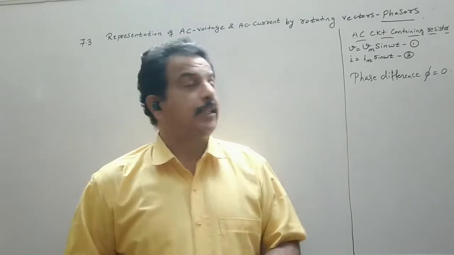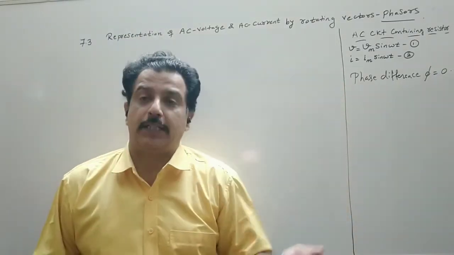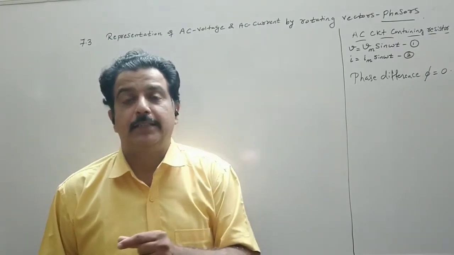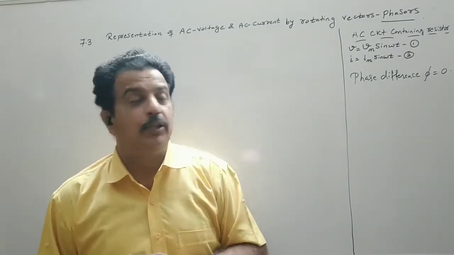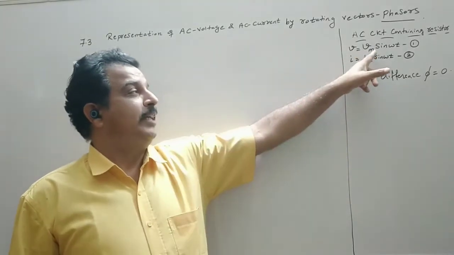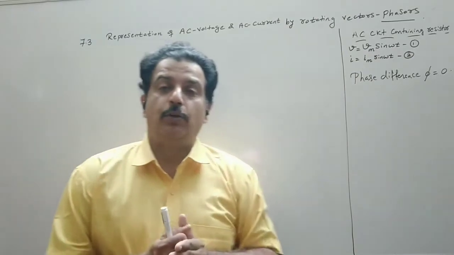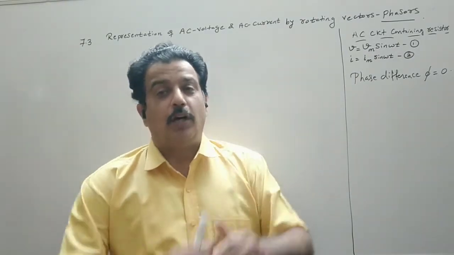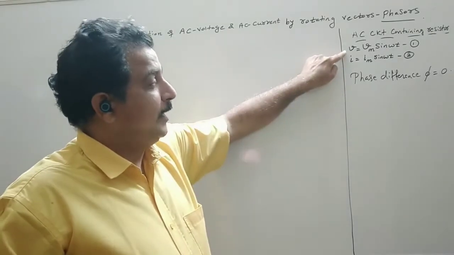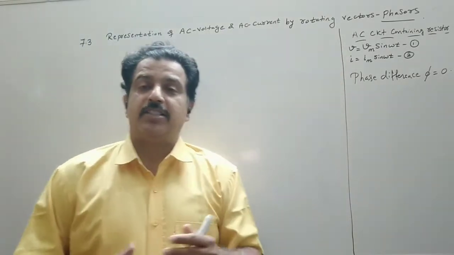So phasor is nothing but a rotating vector which rotates. And if a vector rotates, its magnitude or the amplitude or a peak value will remain constant. What is the peak value of V? Vm. The peak value of I? Im. So this peak value will remain constant, but the overall value of V, that is instantaneous voltage, and instantaneous current, will change.